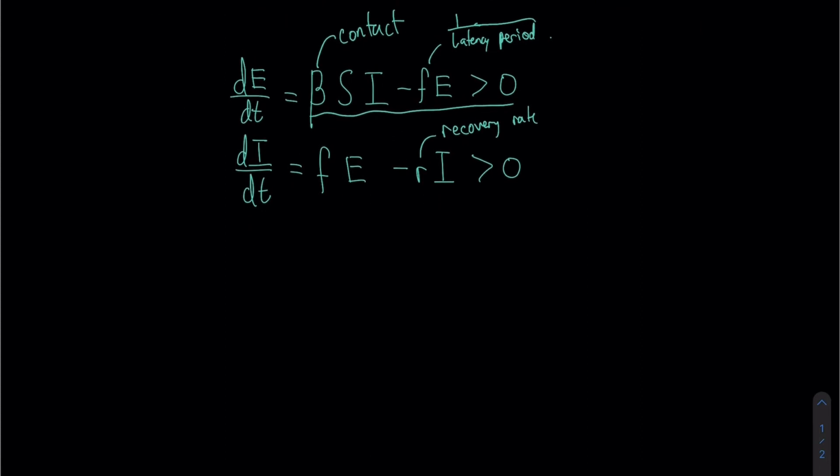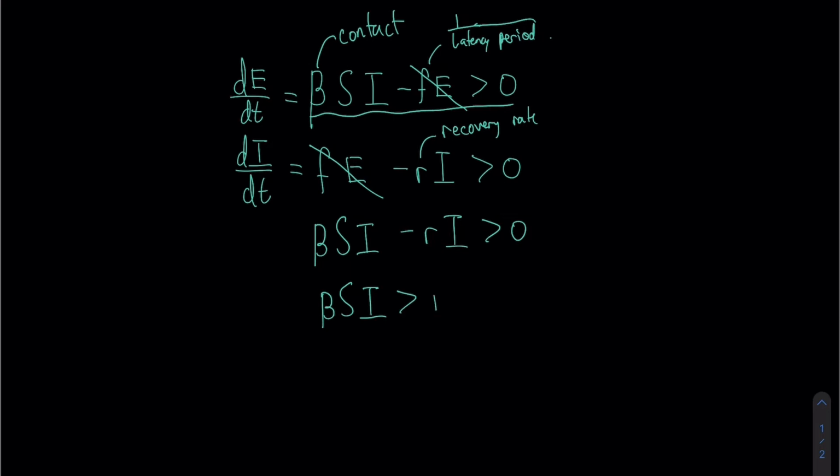You don't need to know about the details, but we do want to do some math with this. So we're going to combine the equations together, and we see that beta S I minus r I is going to be greater than 0, because we have fE on both sides. Moving rI to the right side, we notice that we can cancel the I's.